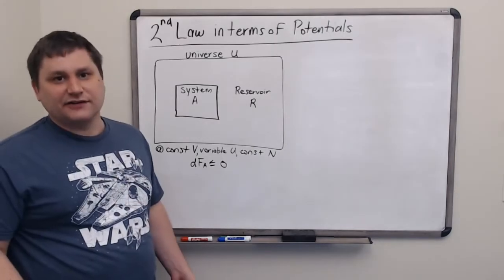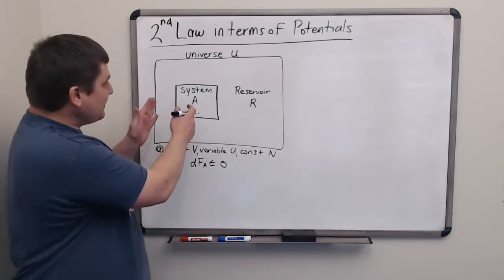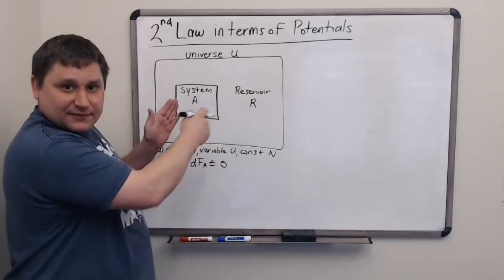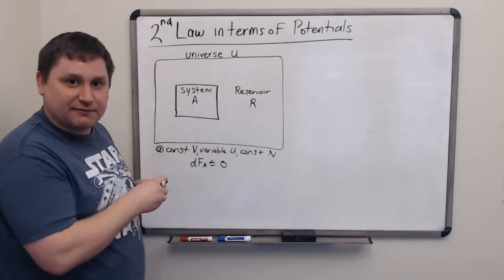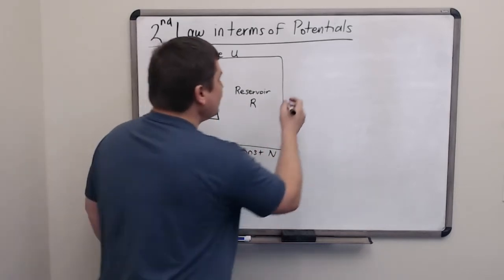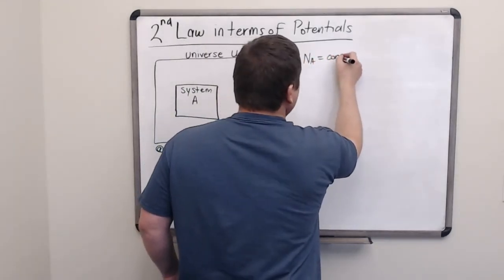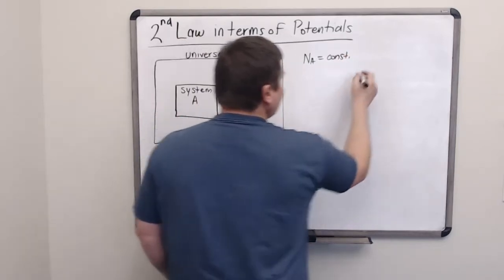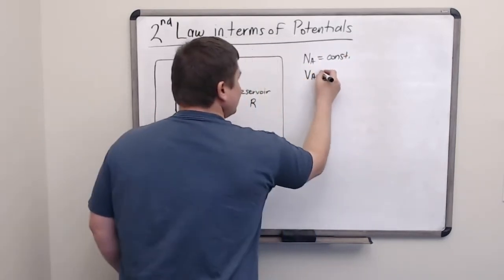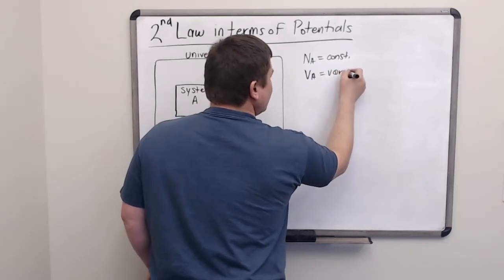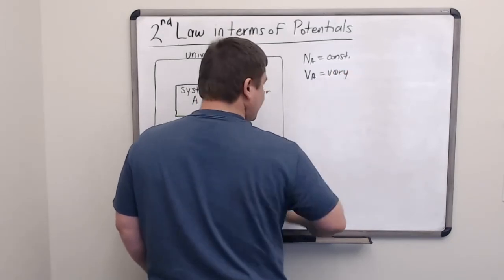Now let's consider a situation where the system can expand or contract as well as trade energy between itself and the reservoir. So we have a scenario where the number of particles inside is kept constant. The volume of the system can vary.